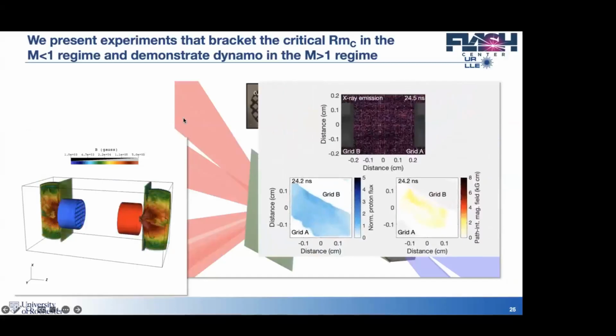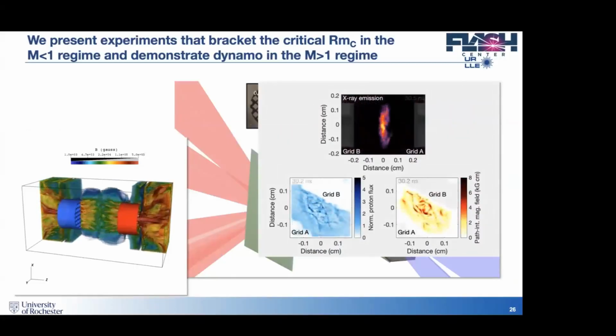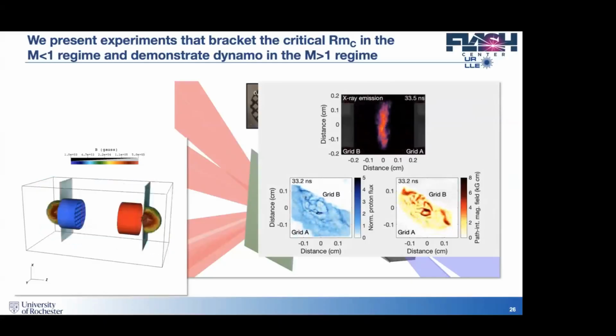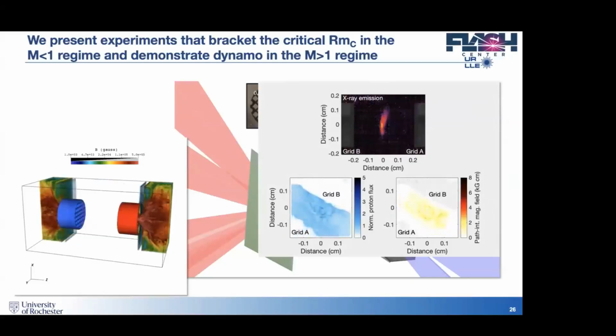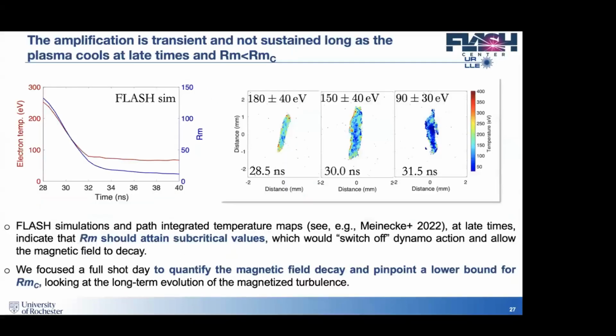What happens is that at late times, the formations that you see here actually go away. So there is a process by which magnetized turbulence can also decay apart from just increase, right?